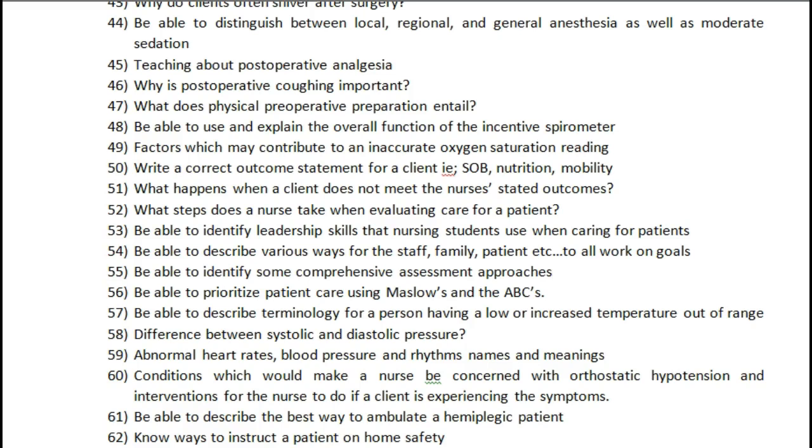That's when you look at the patient's situation and begin with the areas that are problems. So just think about that. There are two comprehensive assessments: Gordon's functional health patterns and the problem-focused approach.